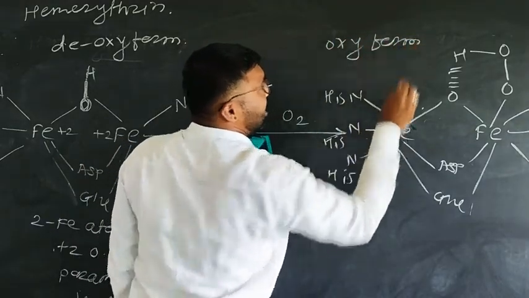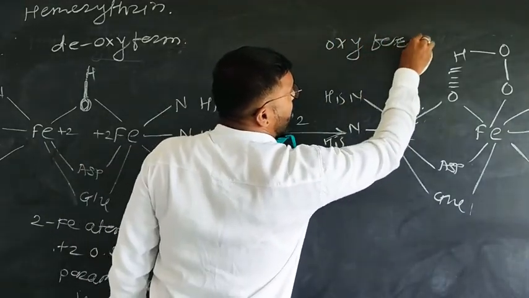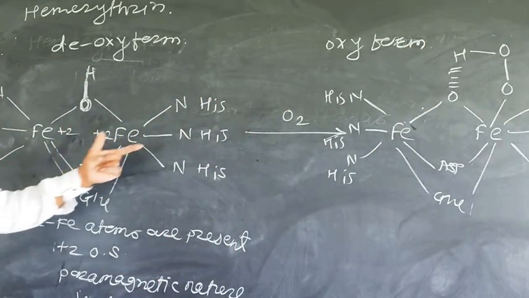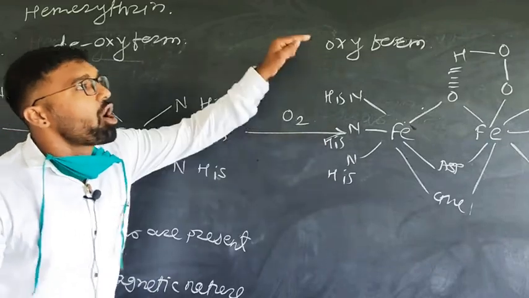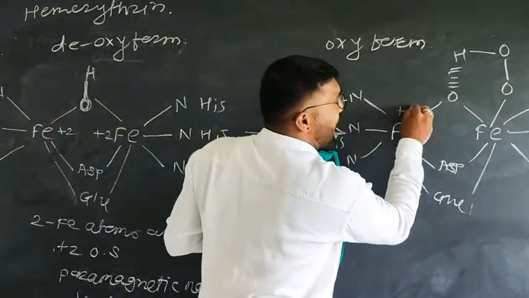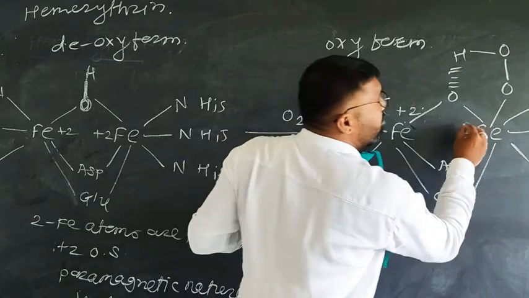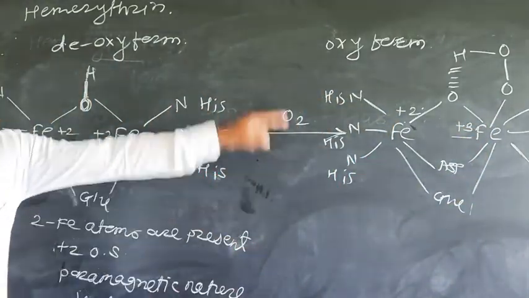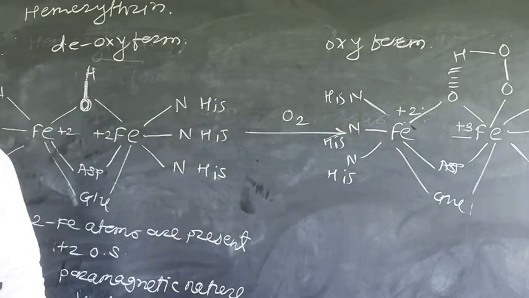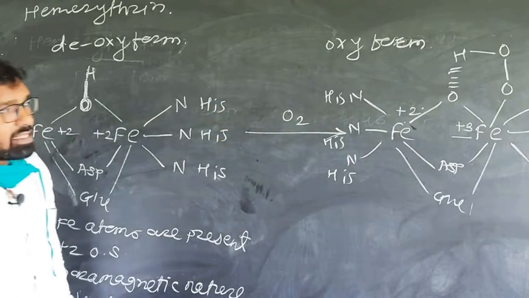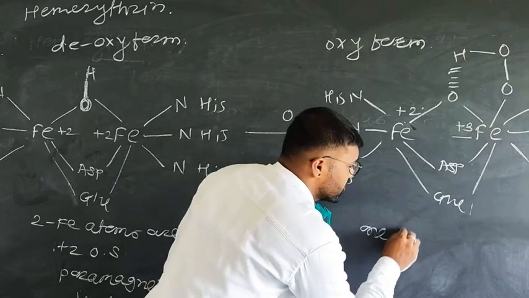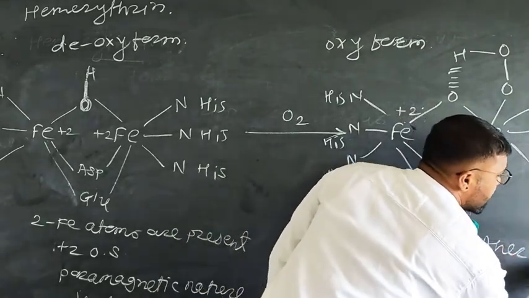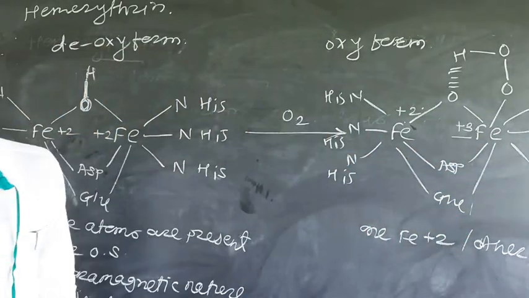What are the differences between the oxyform and the deoxyform? In the deoxyform, both Fe are in +2 oxidation state, while in the oxyform, one Fe remains in +2 oxidation state, but the second Fe converts into +3 oxidation state because it binds with the oxygen molecule. That means one Fe is in +2 and the other is in +3 oxidation state in the intermediate.